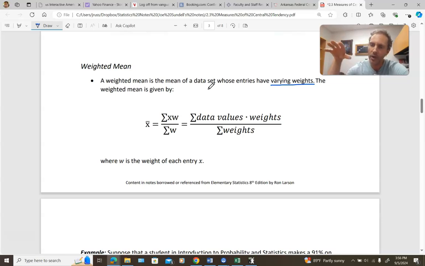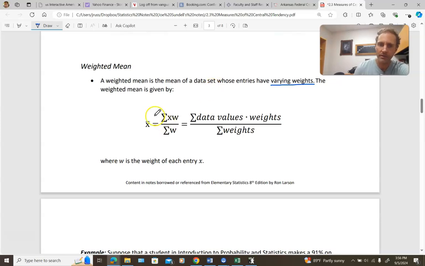So whatever your homework average is, maybe it's 87% or 93%, the weight for that particular value is going to be 20%, okay? And then the quizzes have another weight, the tests have another weight, etc. Now typically all those weights have to add up to 100%.